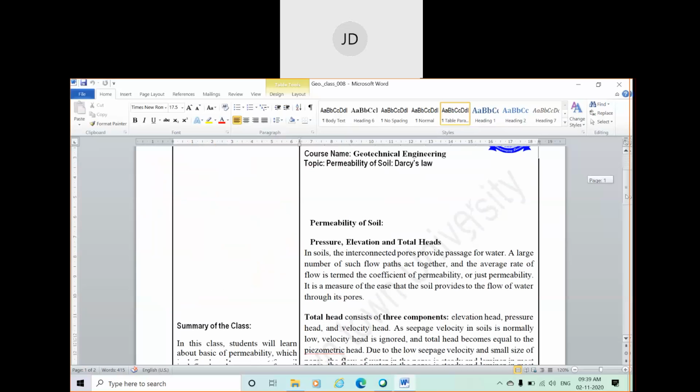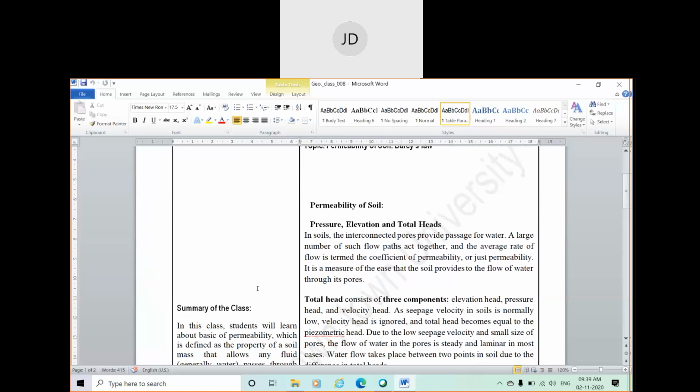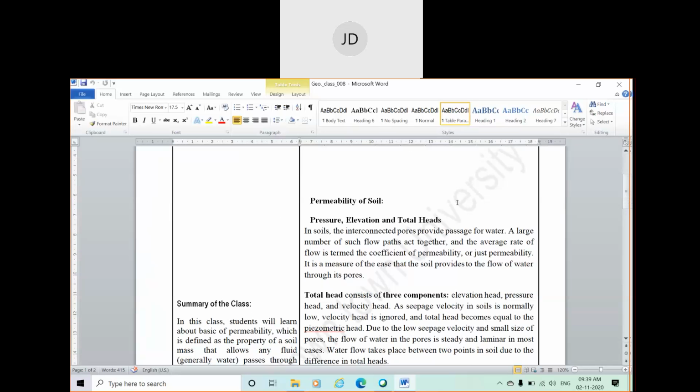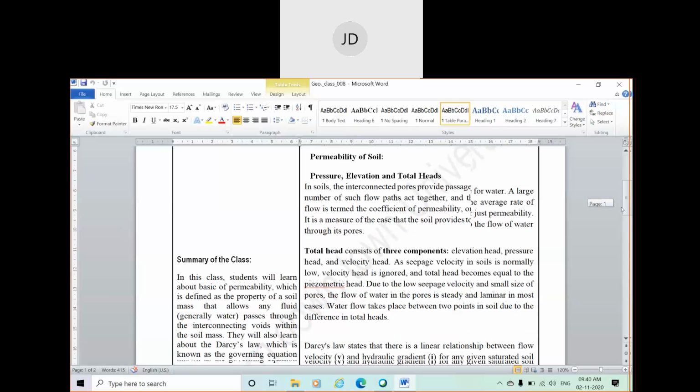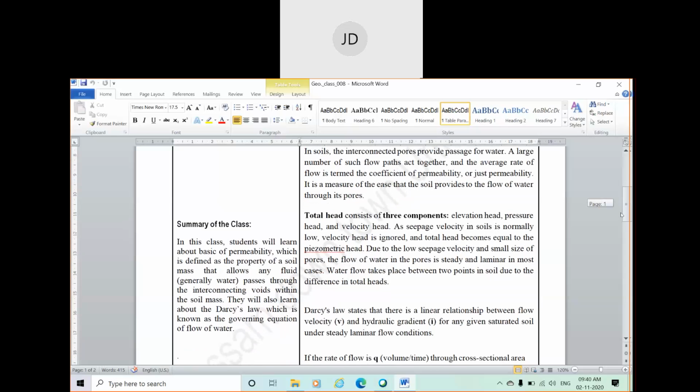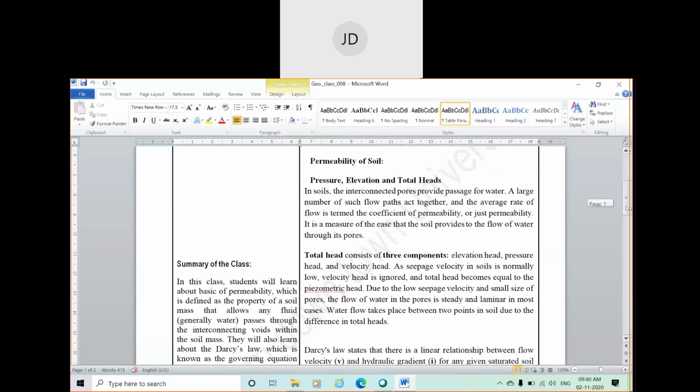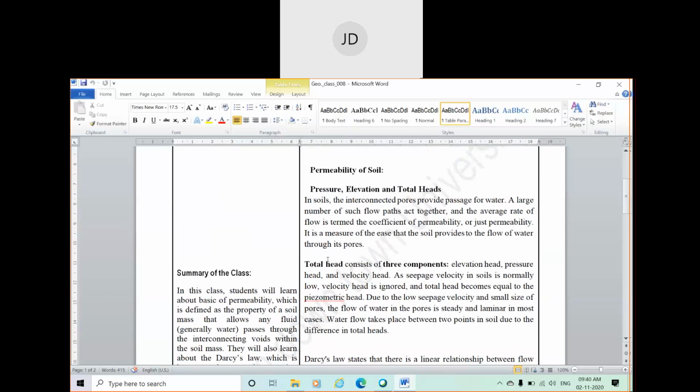So regarding that, all these things are given here. Usually water flow occurs due to three heads: pressure head, elevation head, and velocity head. I think you have already covered these in hydraulics. Now you can see it's given here: total head consists of three components, elevation head, pressure head, and velocity head.